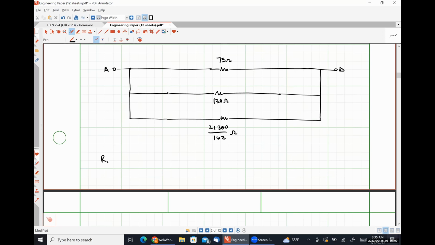So RAB is going to be 1 over 75 ohms plus 1 over 130 ohms plus 1 over 21,200 over 163, which is just going to look like 163 over 21,200 ohms down here. And I got this to be 34.826 ohms.